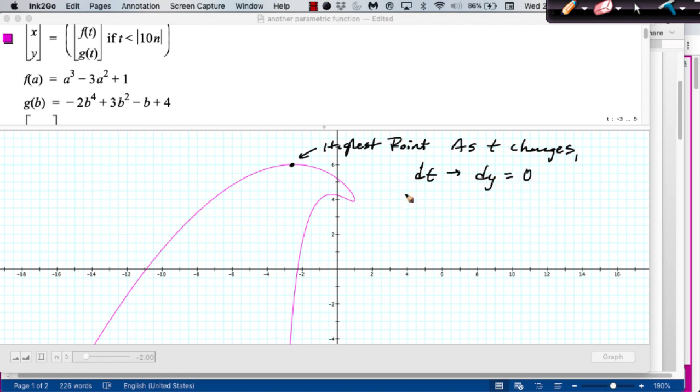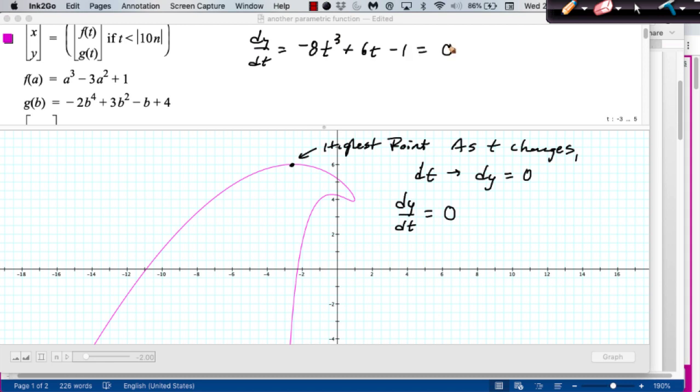Right? So dt would indicate that dy is 0. Therefore, dy dt is, for change in t, we have 0 change in y. So that's the mathematical kind of key to figuring out what point this is. So what was our dy dt? Negative 8t cubed plus 6t minus 1.